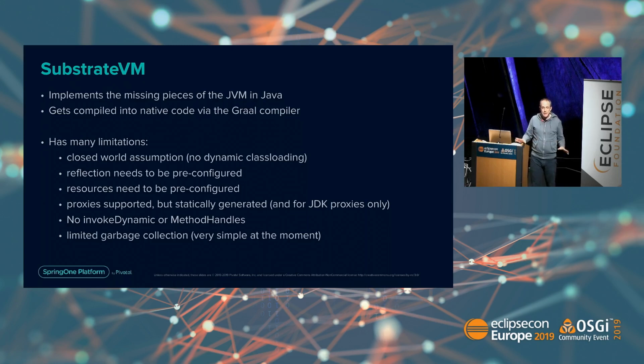They will be all ripped out. And stuff will be inlined and so on. Therefore, invoke dynamic and method handles are also not available anymore, as you might imagine. And other things are limited and partly supported.